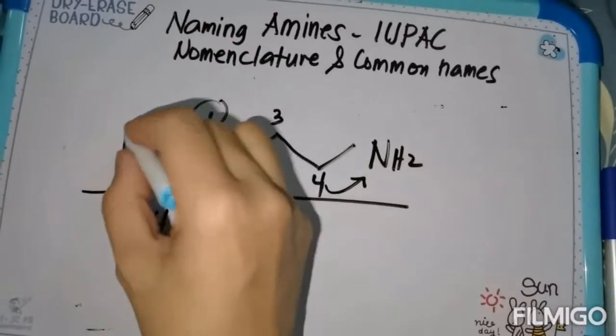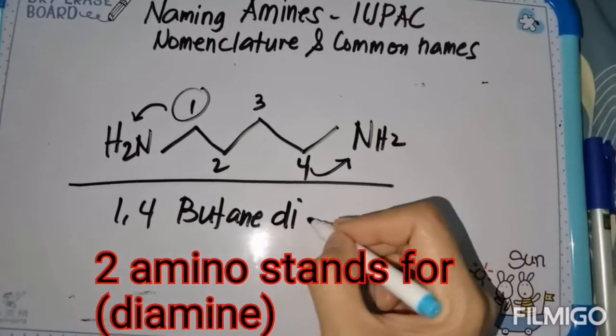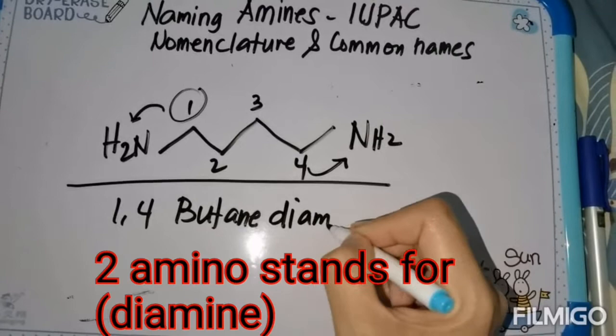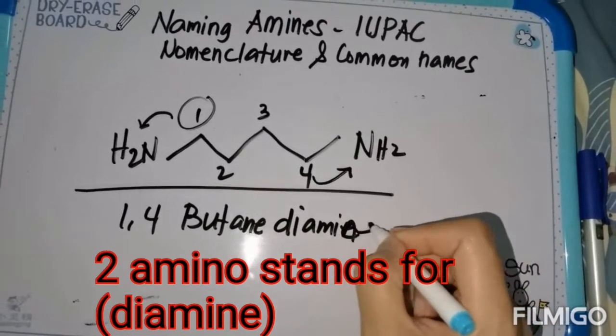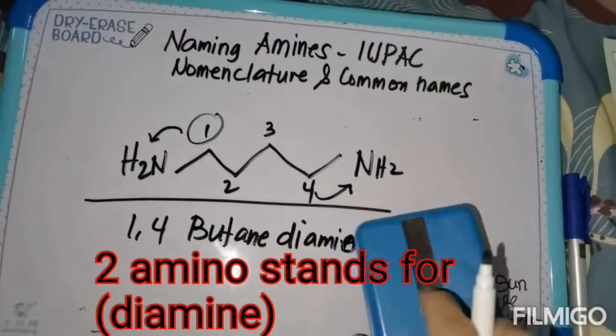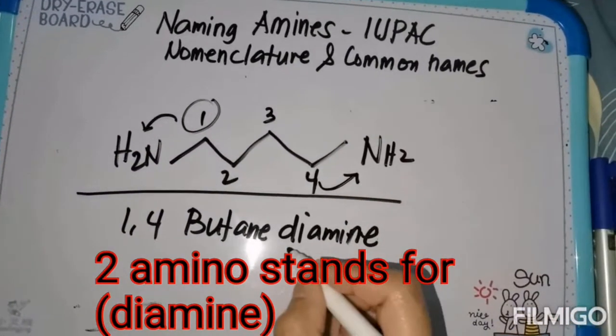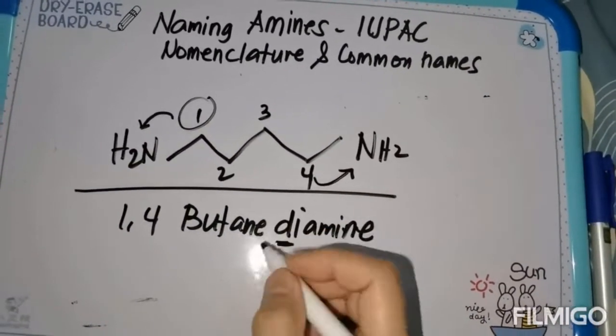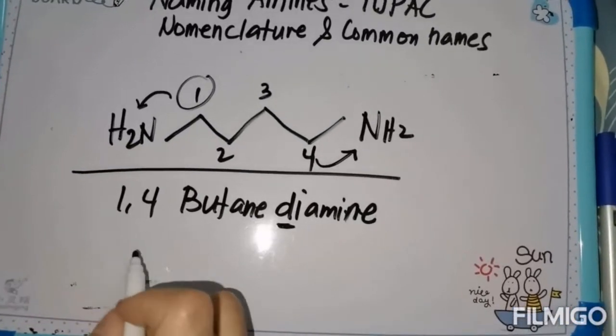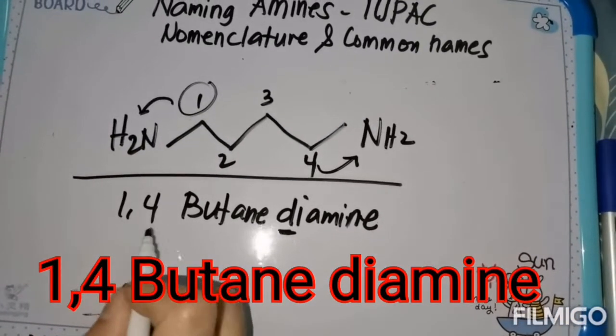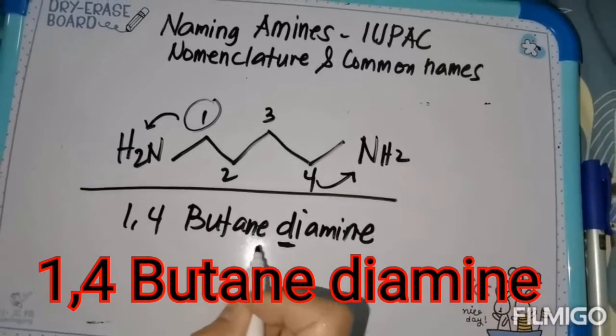And we have 2 amino groups. We will name this as diamine. Diamine. So this is the prefix here, so no need to drop the E. We will express this as 1,4-butanediamine.